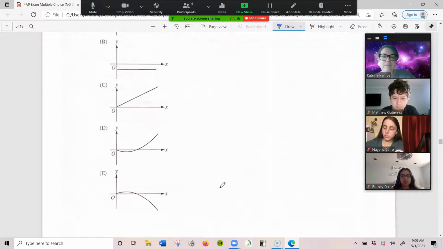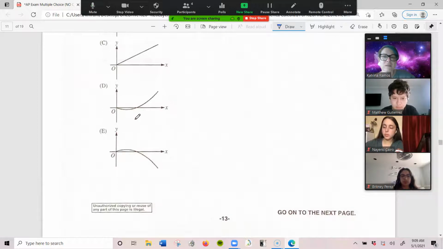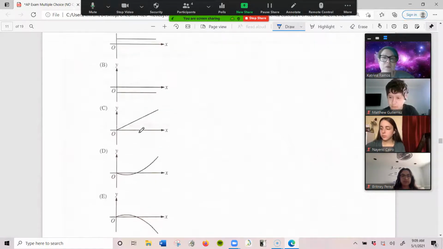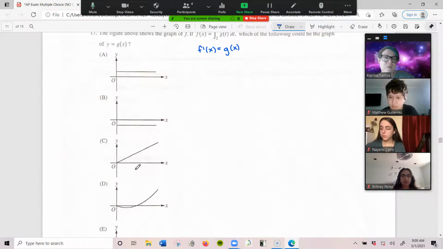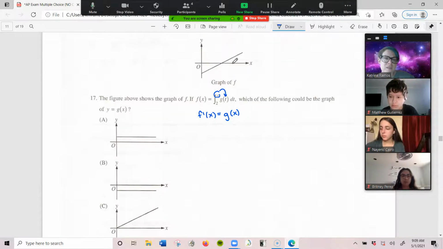So it can't be any of these, because these are like parabolas, which when we take a derivative, the graph gets simpler, not more complex. So it can't be those. And this is similar to f, it's not a derivative. It's either a or b. It would have to be a because this is the one that has a positive number, and since this is a positive slope, positive number.